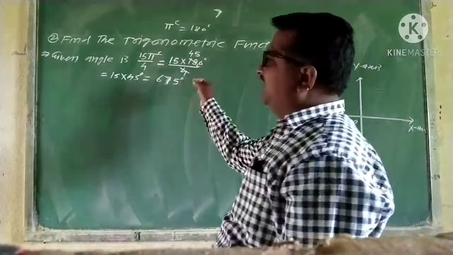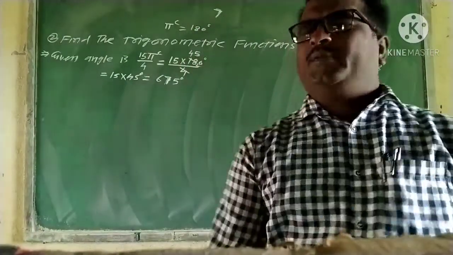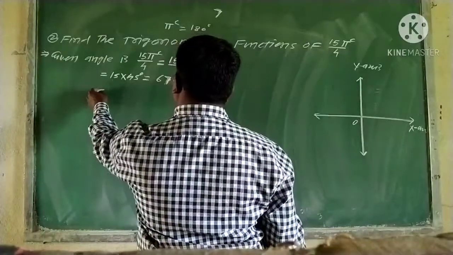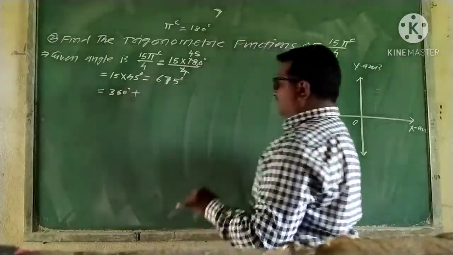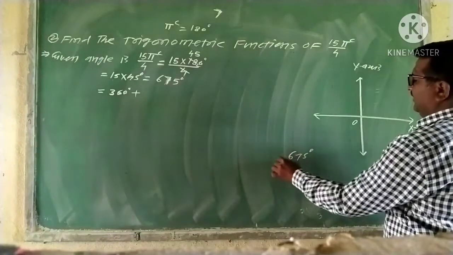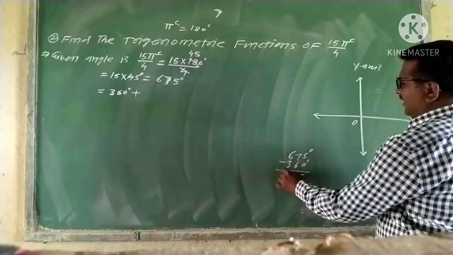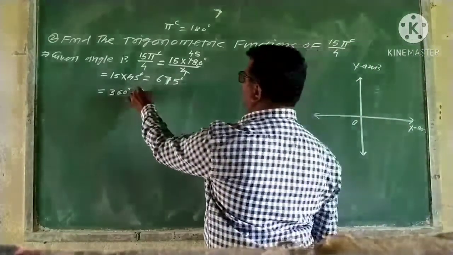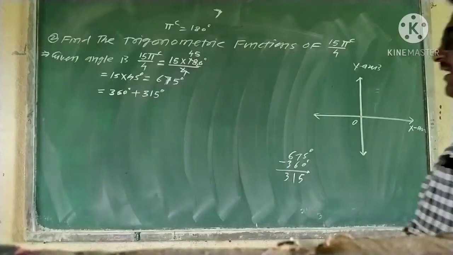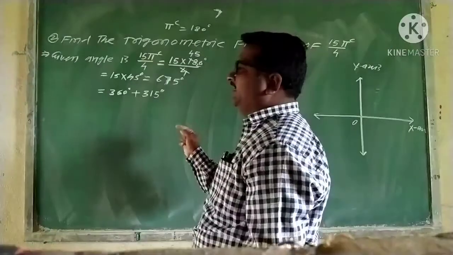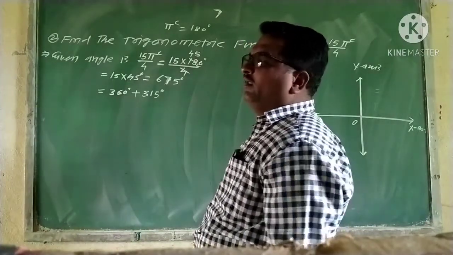This angle, 675 degrees, is greater than 360 degrees, so we can write it as 360 degrees plus 675 degrees minus 360 degrees, which is 315 degrees. So 675 degrees equals 360 degrees plus 315 degrees.